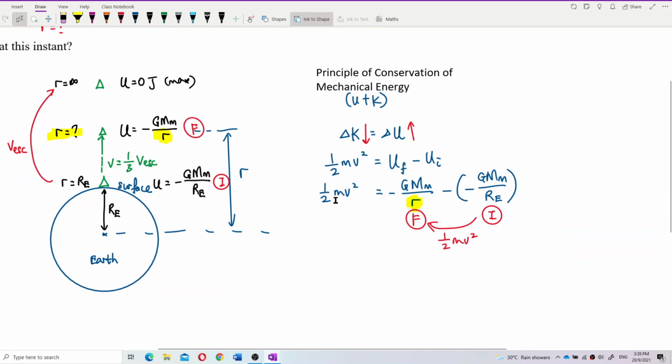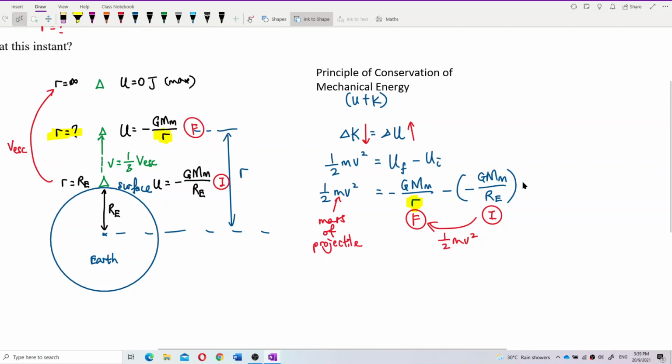So okay, now let us continue. What is the small m over here? I want to ask you, what is the small m over here? This of course is the mass of projectile, isn't it? The small m here, also the m here and the m here, all of these are the mass of projectile.